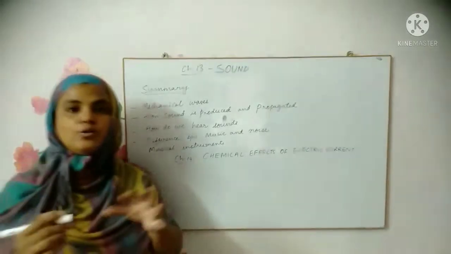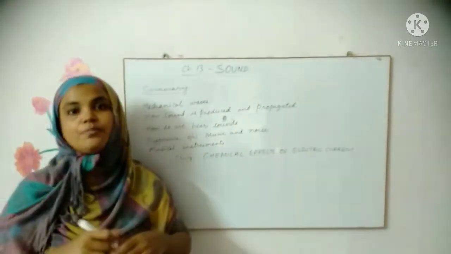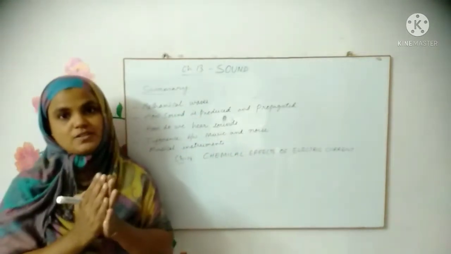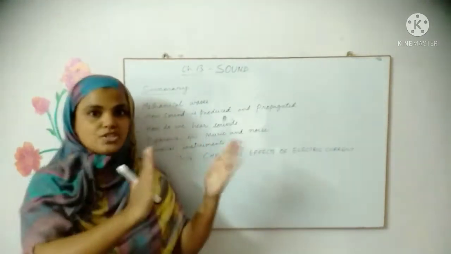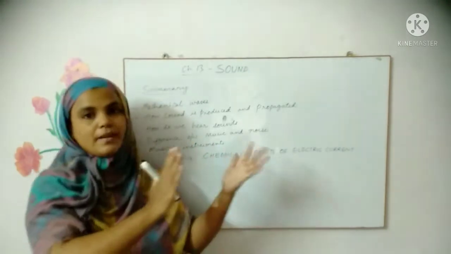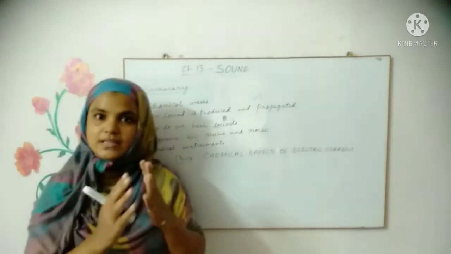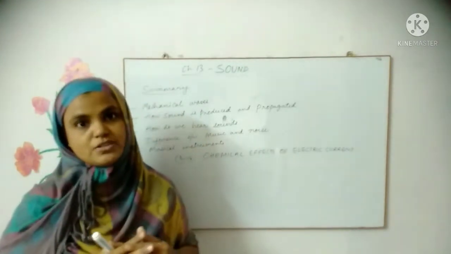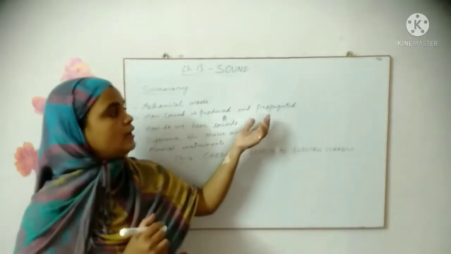So when a sound wave moves through the medium, it produces rarefactions and compressions. The particles of the medium are pushed against each other, and at some places the particles get relaxed because of that continuous to and fro vibration.